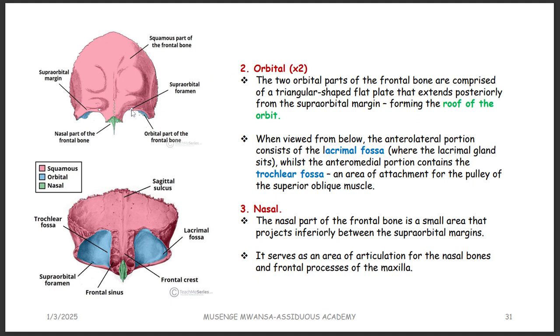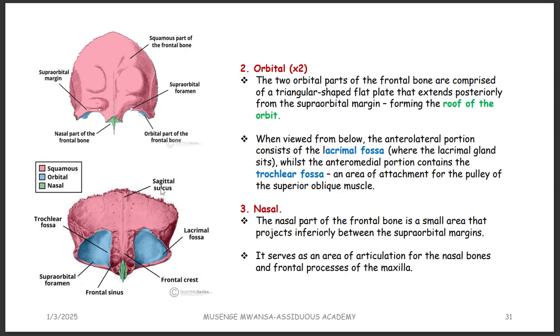Remember, roof means on top. Here, can you see this is supposed to be the orbit, and that's the top there. You can see a small space, that is the supraorbital foramen. And when you view from below, can you see the way this bone is here? We are trying to look a bit from the down aspect.